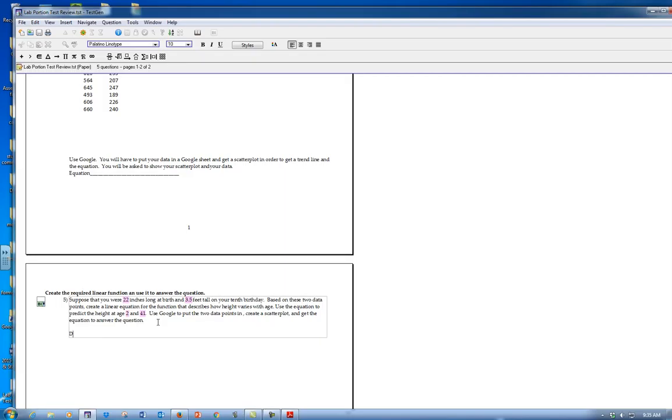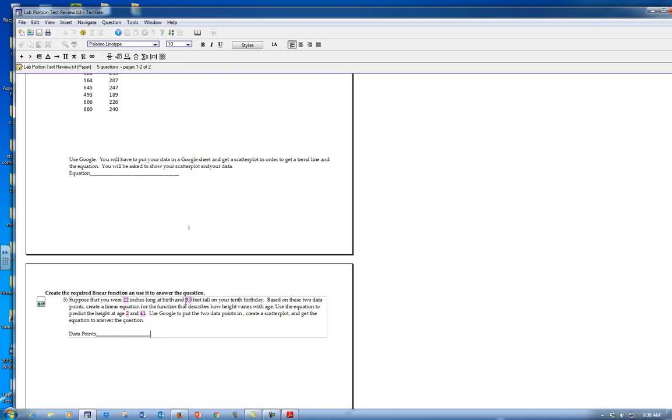I'm asking you for your data points, which you will type. The data points are, at birth you were 22 inches tall, so that would be 0,22. That's in inches. Now you're going to need to do your conversion here. 3.5 feet tall, when I do a conversion, there are 12 inches in a foot.